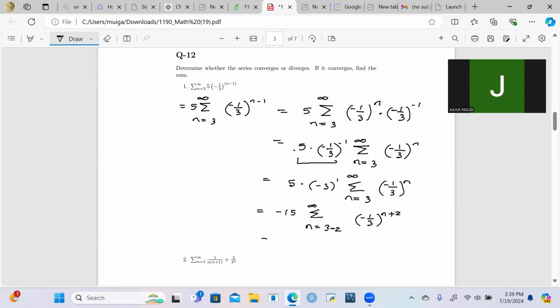So the space is small, but I have minus 15 times the sum, n from 1 to infinity of minus a third to the power n, times another minus a third, this to the power of 2.